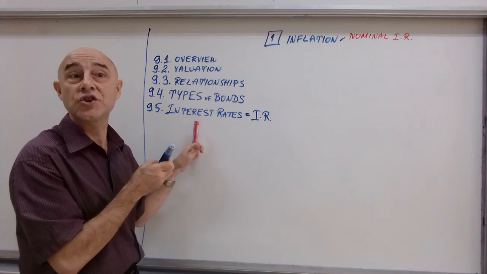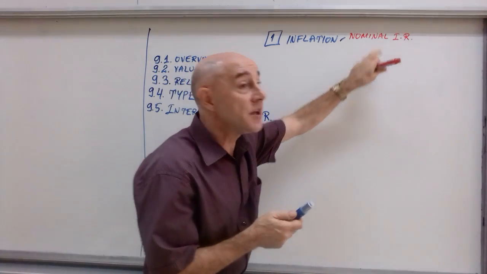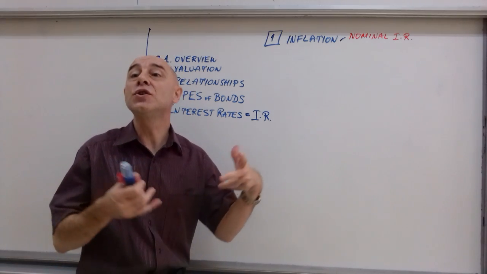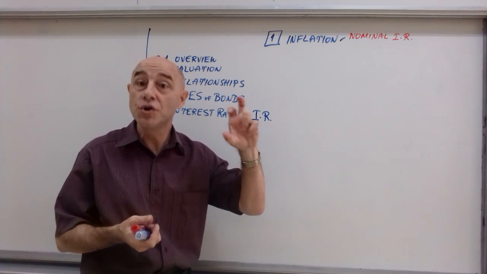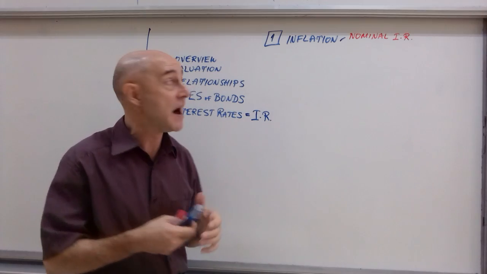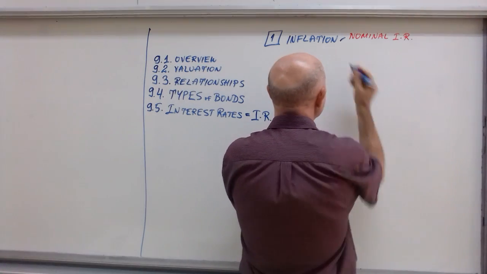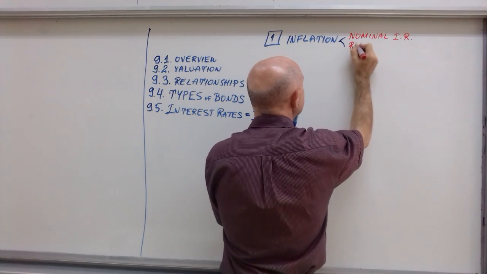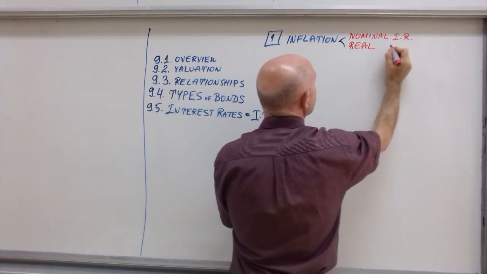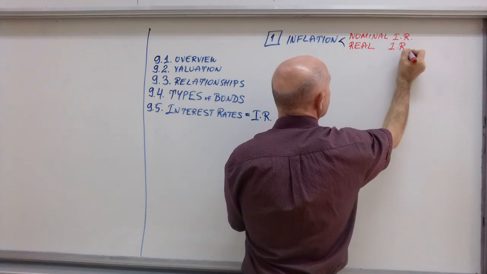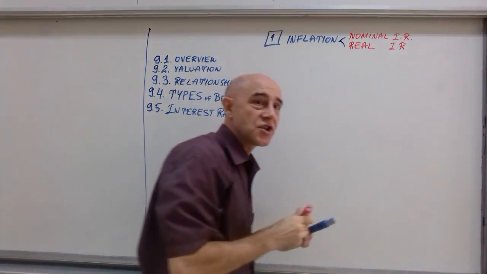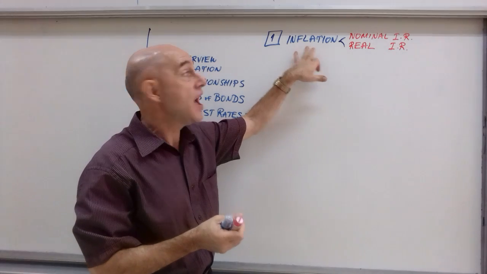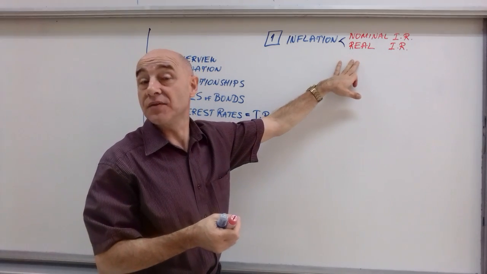ER means exchange rate. So, nominal interest rate is interest rate which includes inflation. This is what you get in terms of money. And the other is real interest rate, after the effect of inflation, after subtracting inflation.